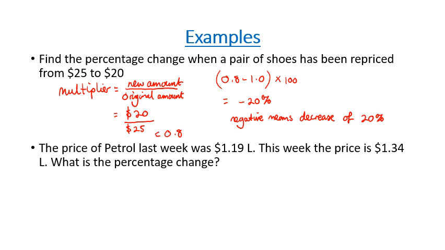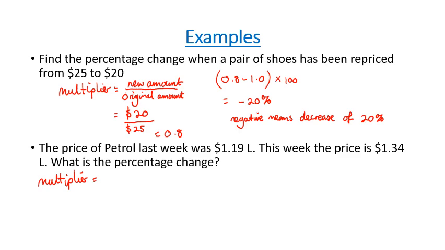In our next example here, we've got the price of petrol last week was $1.19 a litre. It's very cheap these days. And this week the price is now $1.34 a litre. What's the percentage change? So again, we need to work out our multiplier.